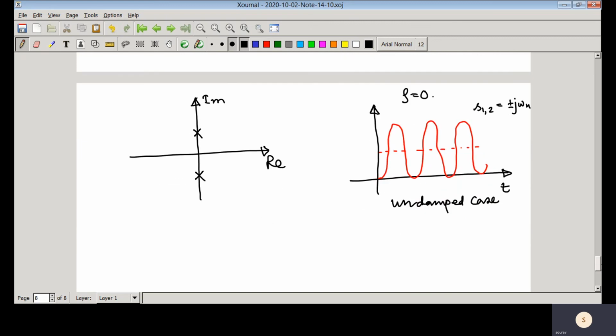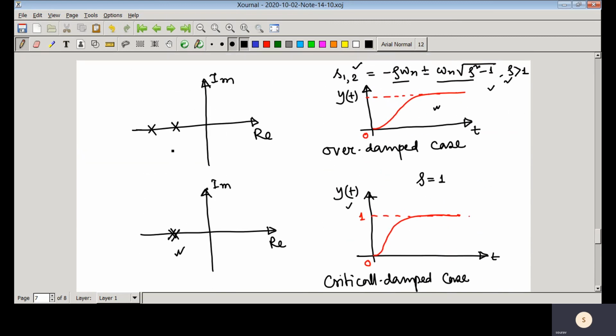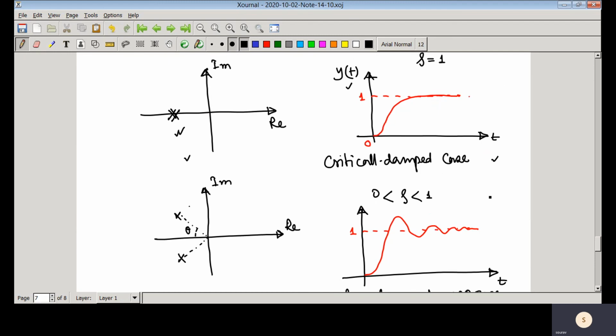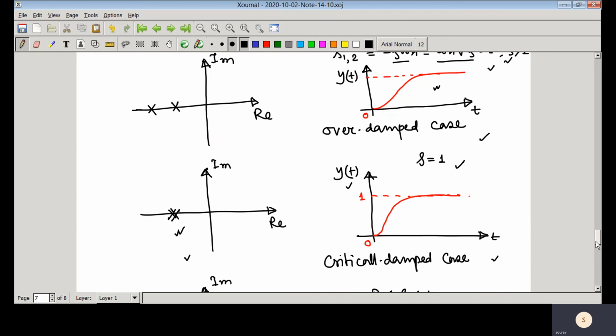And next what happens? So we can see that two poles on the real axis, but they are different. So that is the overdamped case. They are on the real axis, but at the same location, that is the critically damped case, that corresponds to zeta equal to 1.